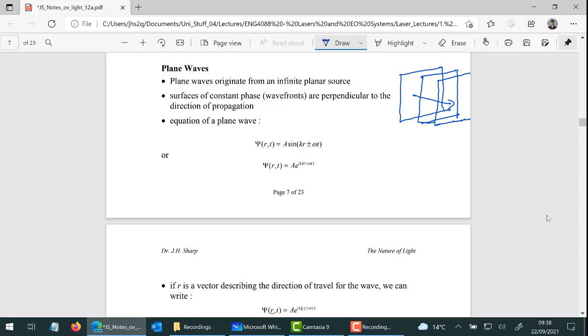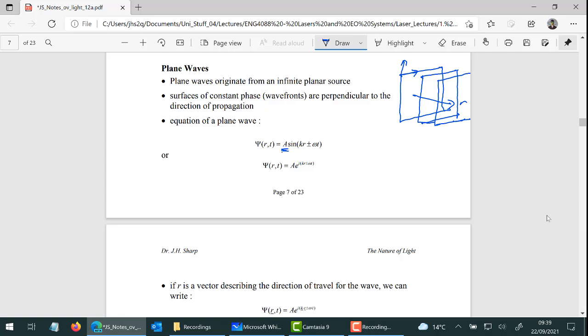Now this time, if we assume that that plane is infinite in extent in terms of x and y, then obviously the area doesn't change as the wave moves forward. The area is constant. It's not increasing as it travels out, and so the amplitude of the wave is just given by A now. It doesn't depend on the distance r. That's the distance from the source.